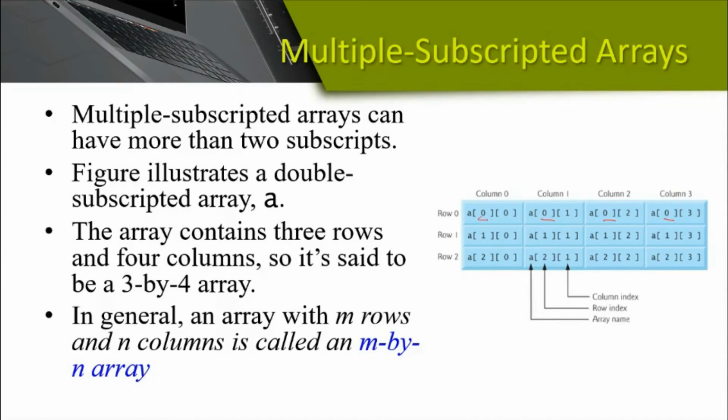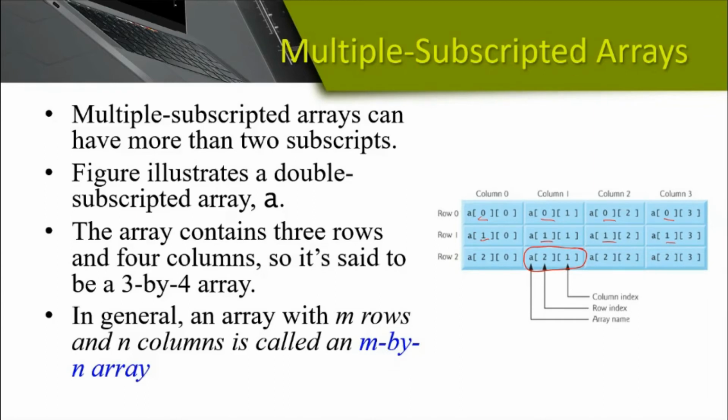And for row number 1, that is the second row, the first subscript will be 1, 1, 1, 1. So this is how we identify an element in a multiple subscripted array. If you want to access the element at this position, you have to use the subscripts A of 2 and 1.